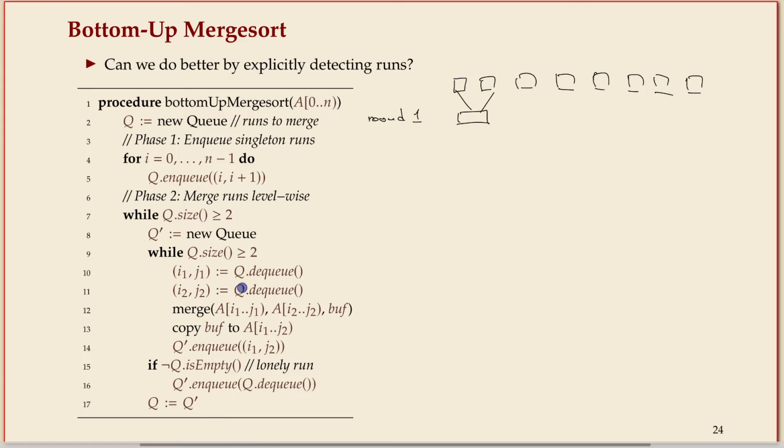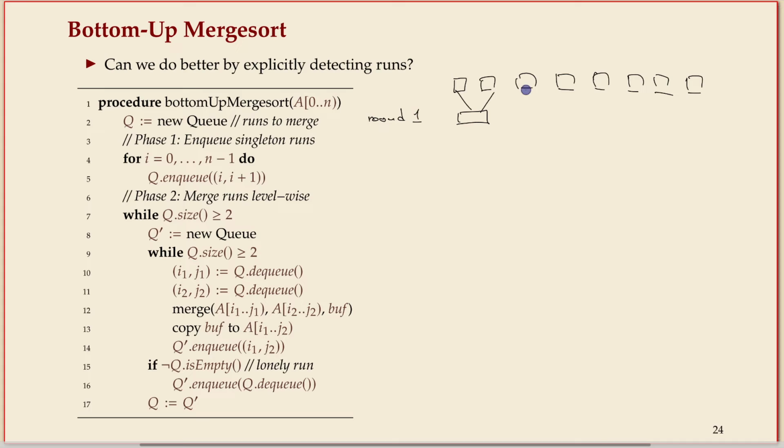I take 2 elements out of the old queue and merge those. And I put the result into the new queue, the Q prime. Q prime could be the letter Q or the word Q, so you'll have to insert the right meaning. So we go through this as long as we have pairs. And then we swap the roles of Q and Q prime if you want.